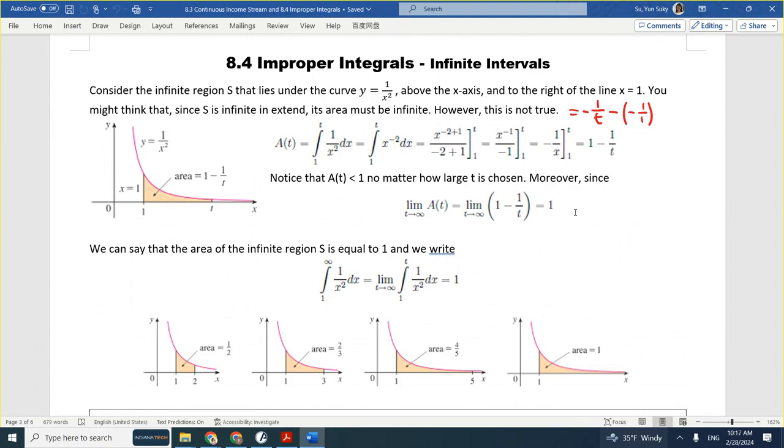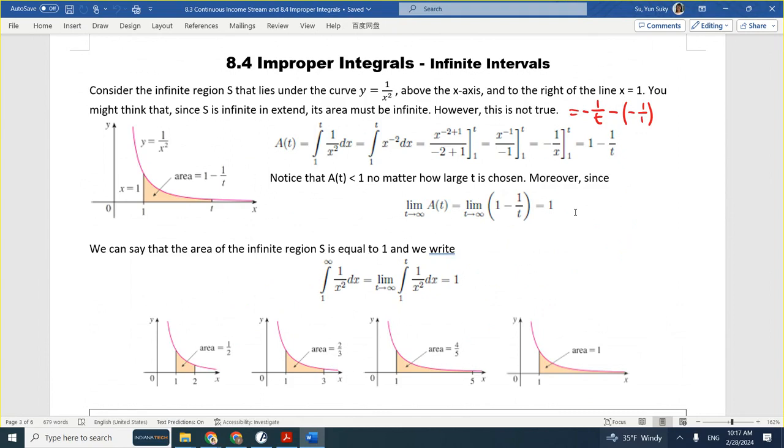So if we compute the area function, imagine A of t is the area under the curve from 1 to t. Okay, we have a parameter t here. And how do we calculate the area under the function from 1 to t? Well, you set the integral from 1 to t of the function 1 over x squared dx.